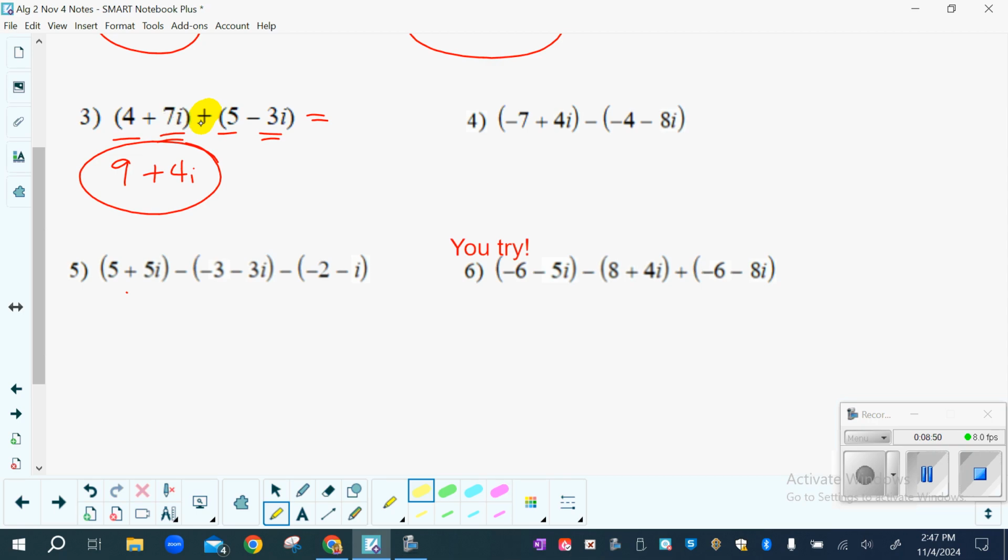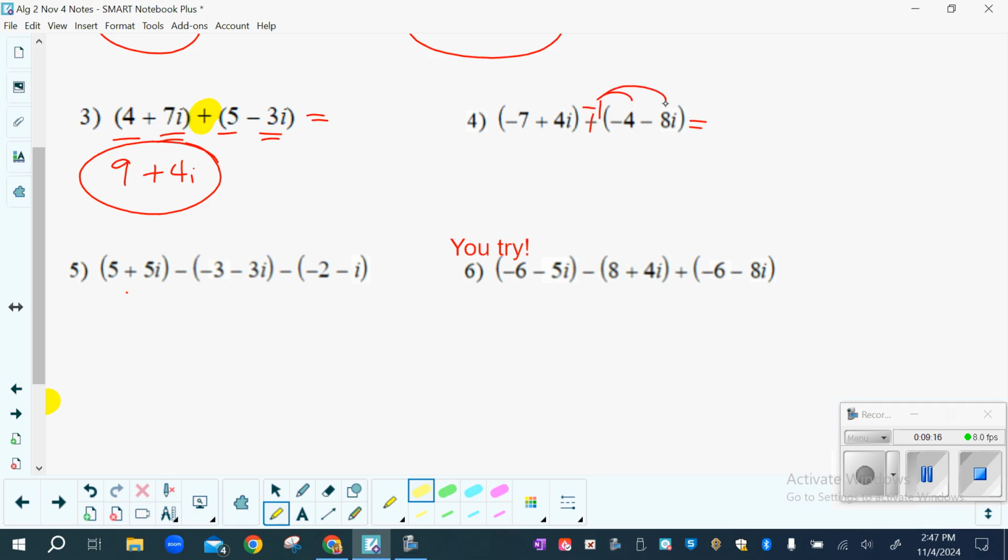Like a negative, you distribute the negative into the next thing. So on the next one, we have a minus. So when we have that minus, just like we did when we had expressions, we're going to distribute. This is like plus a negative 1.